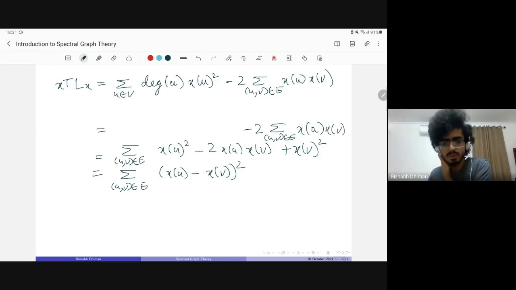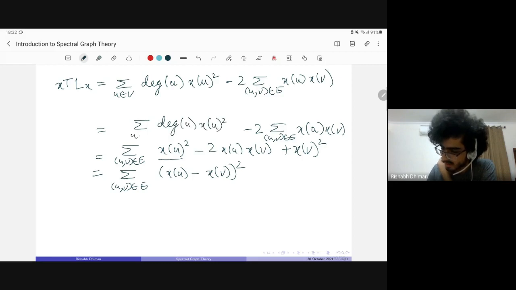As for this portion, remember how you defined the degree. It was the number of edges which are incident at that vertex. So xu square will be present in exactly degree u of the sum, and you'll get this.